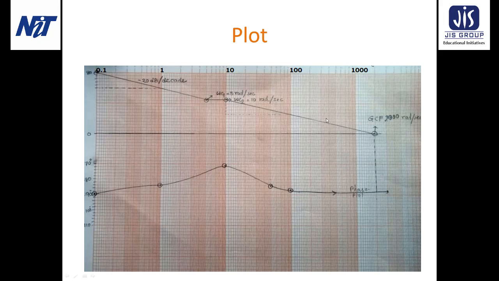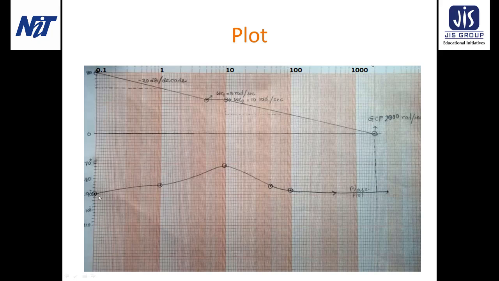And this magnitude plot cuts the 0 dB reference line at 2000 radian per second. So the gain crossover frequency is 2000 radian per second, because this is 10,000 and then the next two represent the 2000. So the gain crossover frequency is at 2000.